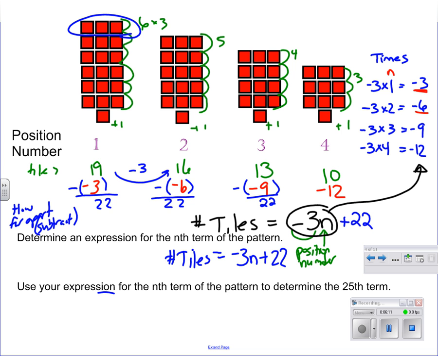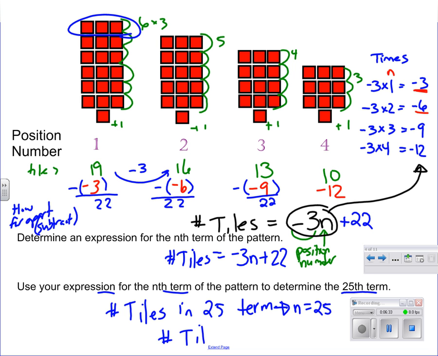Then it says to use the expression for the nth term of the pattern to determine the 25th term. So in other words, I want to know how many tiles, so the number of tiles in the 25th term. That really means that n equals 25, and I will just replace into my equation number of tiles equals negative 3 times 25 instead of n, and add 22.